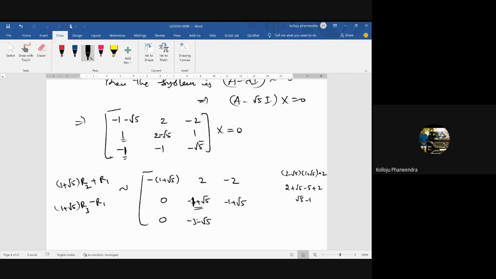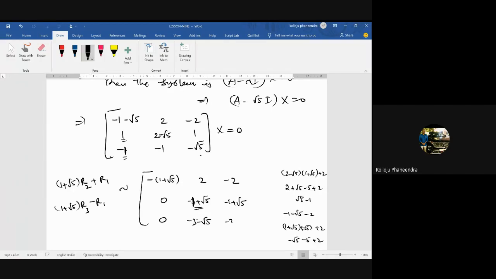Right. Coming to third one, minus 1 minus root 5 minus 2, minus 3 minus root 5. Next one, coming to this position, 1 plus root 5 into minus root 5. Minus R1 means plus 2. This is minus root 5, this is minus 5 plus 2.